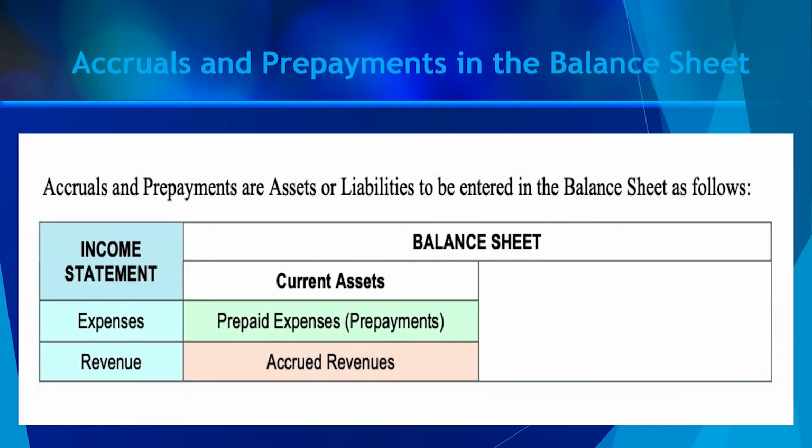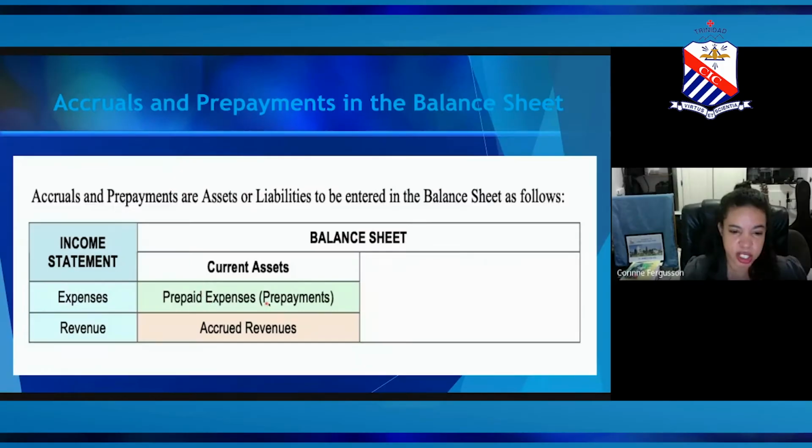So in other words, for current assets in your balance sheet, you cannot have two adjusting entries for expenses, or two adjusting entries for revenue, or two prepaids or two accrueds. It must be the opposite.